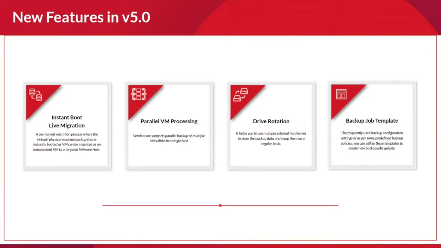But we are bringing parallel processing in version 5.0. We are giving users the option to set up how the parallel processing works. For example, you can specify the number of backup jobs you want to run, and also the number of entities to be processed in parallel in each backup job. So that's parallel processing.